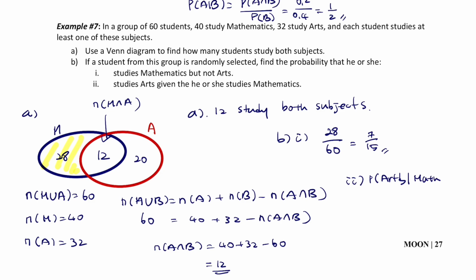So we can do the probability of art intersecting mathematics over the probability of students taking mathematics. So this is equal to 12 over 40. So the final answer is 3 over 10.